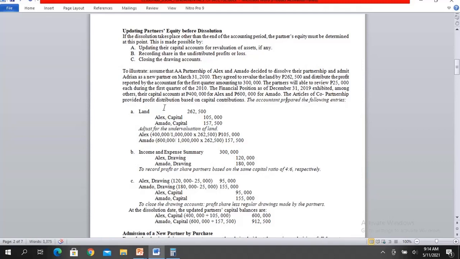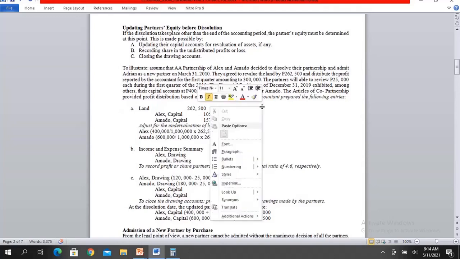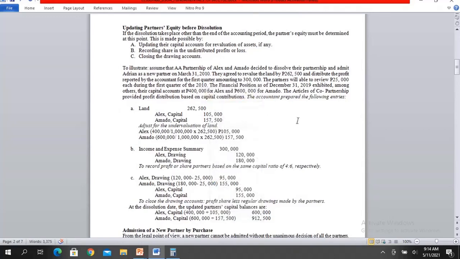So the articles of co-partnership provided profit distribution based on capital contribution. So yung profit nilang 300,000 or yung amount na makukuha nila sa revaluation of asset, hahatiin nila based on their capital contribution, si Alex 400,000 tapos si Amado 600,000.